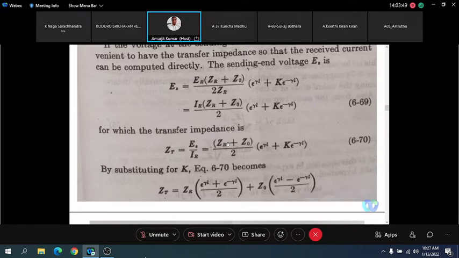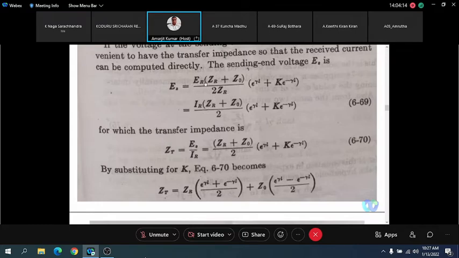So (ZR plus Z naught) divided by 2, because transfer impedance is the ratio of the source end voltage to that of the receiving end current. So from this equation, ER upon ZR is equal to IR.